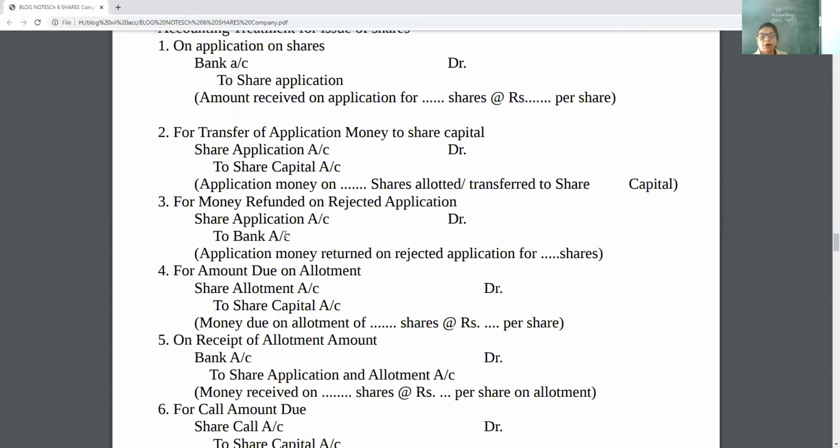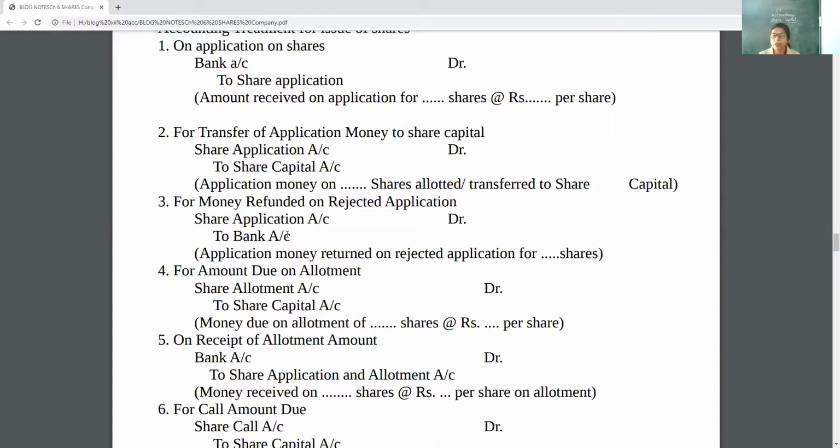The company has the power to refund or reject the excess application in case of oversubscription, when applications are received for more than the allotted shares. Then the company also refunds the money. So share application account debit to bank.